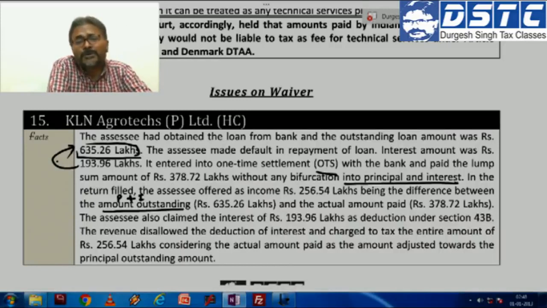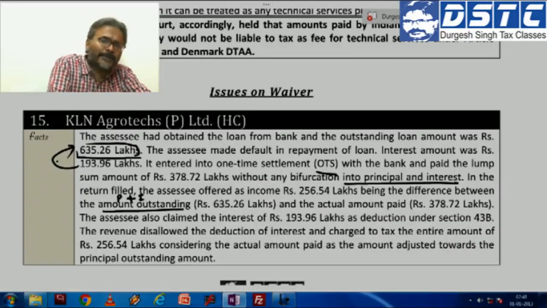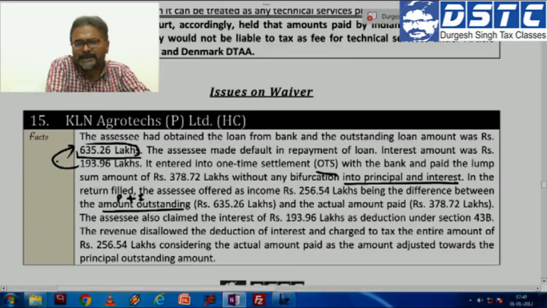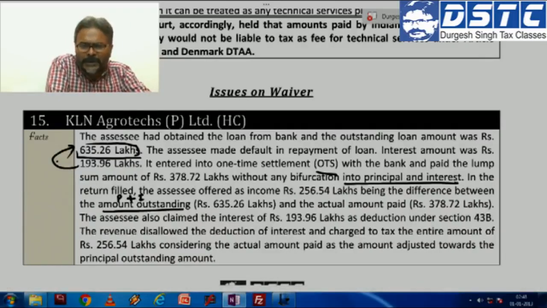Correspondingly, he also sought to claim a deduction of interest of 193.96. Now what the department did was, they disallowed this 193.96, but they allowed the addition of 256.54.